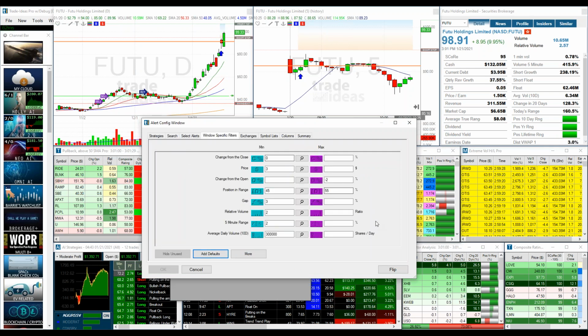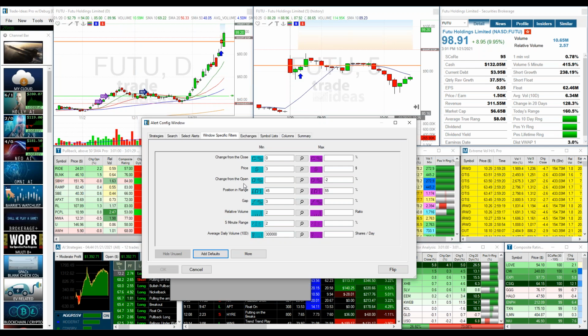Okay, hide unused. The first thing I said, well, there has to be a gap. So you're just going through this in your head. I put a gap of 3%. The stock has to gap up a minimum of 3% because I put a 3 here. Now I needed to show the stock selling off. How am I going to do that? Well, if I know it's gapping up at least 3%, let me use the change from open.